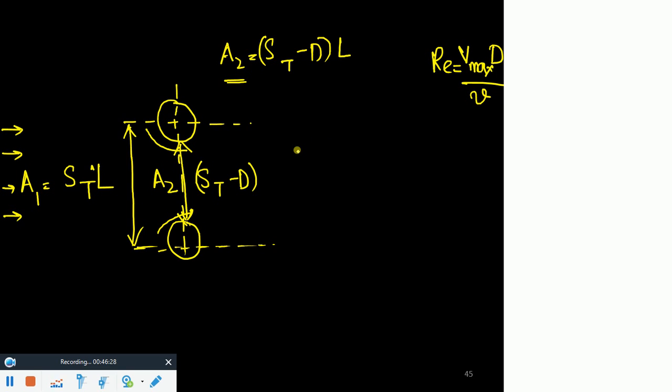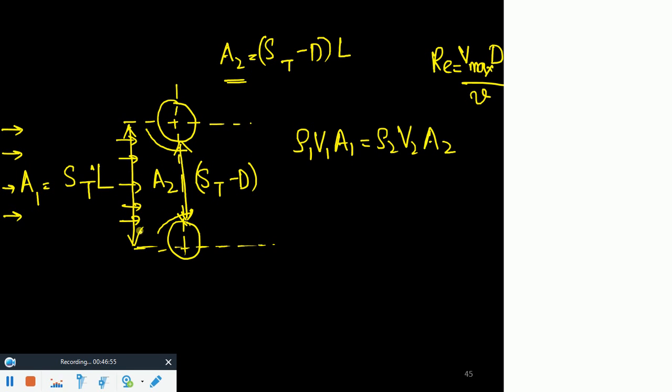In any case, if I try to develop some expression for this flow, can I say that rho 1 V1 A1 would be equal to rho 2 V2 A2? This is the area where the flow is coming onto it, and this is the area where it needs to pass out.